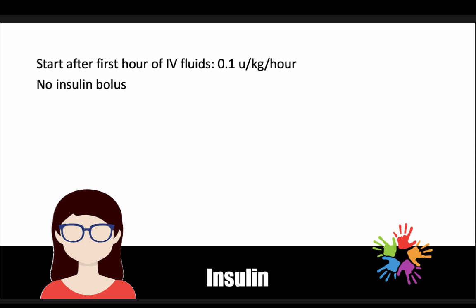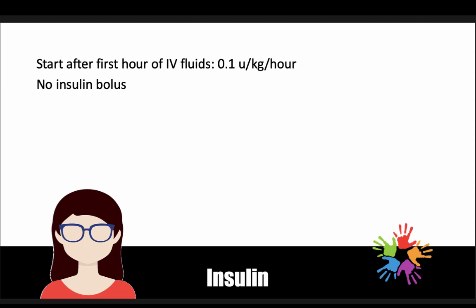Many places in this province have smart pumps, and nurses are able to enter that order knowing what the patient's weight is, and they simply enter 0.1 units per kilo per hour, and the machine will do the math for them. In the past, we've had a maximum of 5 units per hour of insulin, and there's no longer any maximum. So for example, if a patient was 70 kilos, they could be running at 7 units per hour of insulin.